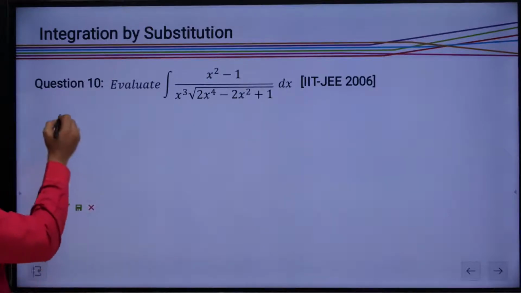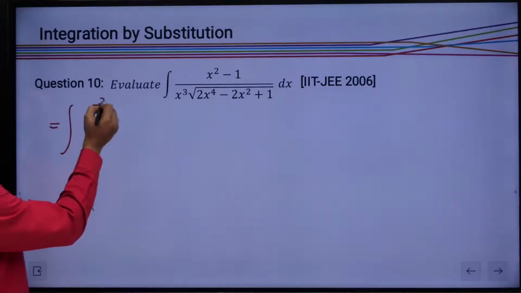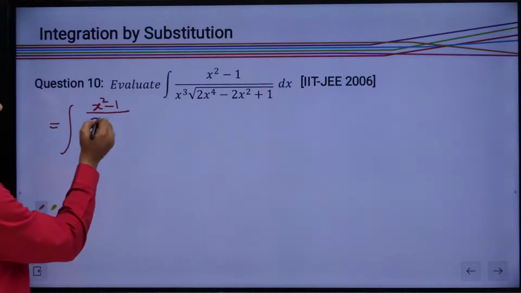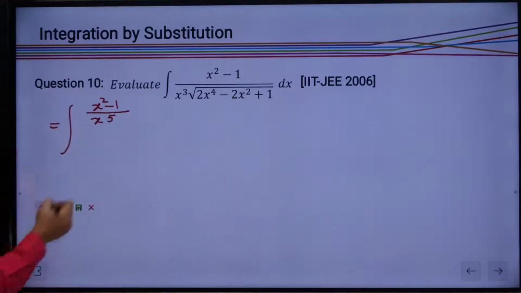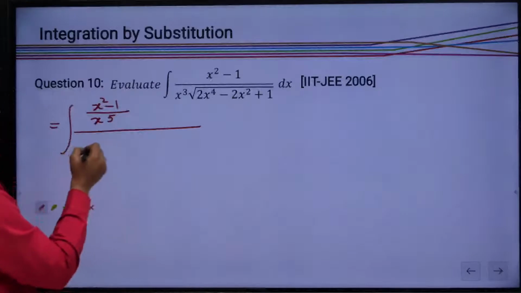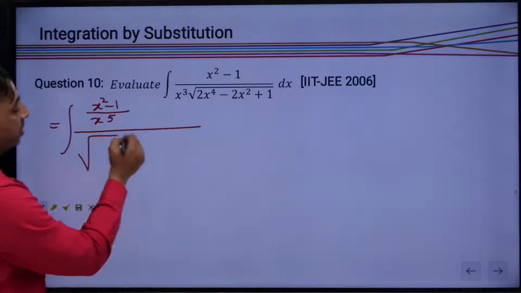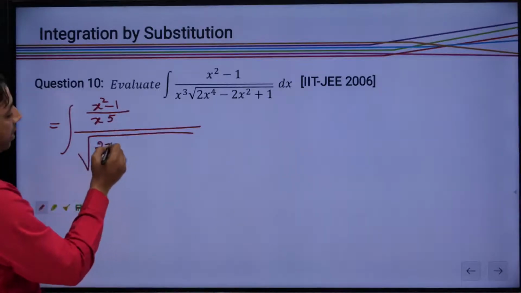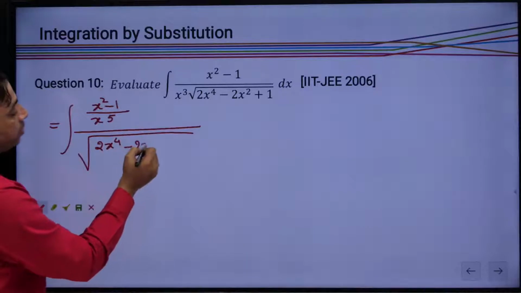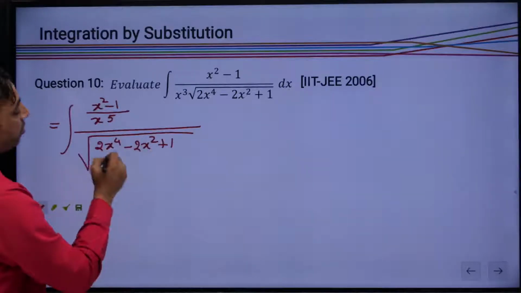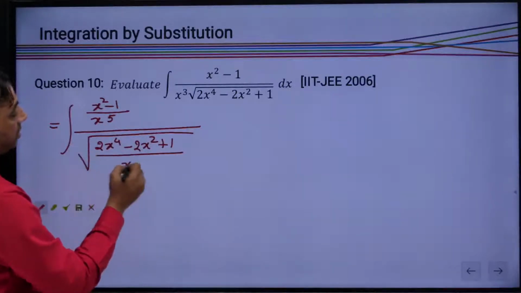So what we are going to do here, this x square minus 1 upon x to the power 5 will be divided by x to the power 5. Okay, and now the same we are doing in the denominator. So the denominator will give us 2x4 minus 2x square plus 1 upon x4.